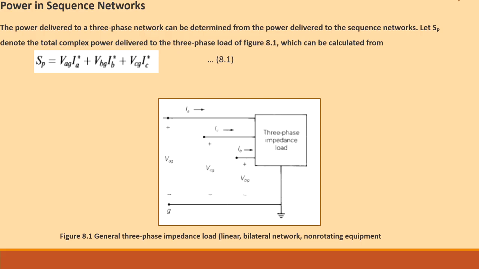The first equation is the apparent power, SP equals VA, VB, VC transpose multiplied by IA, IB, IC conjugate.